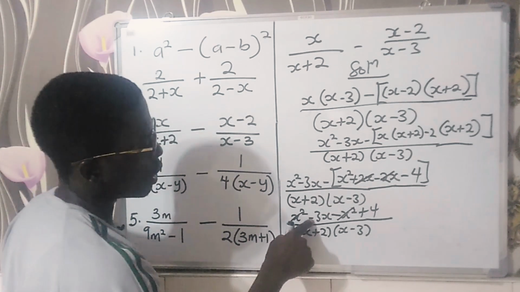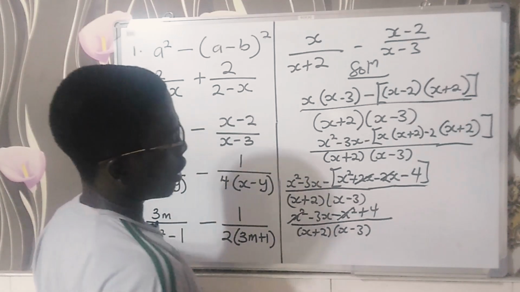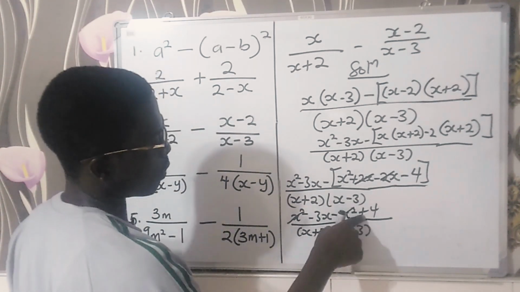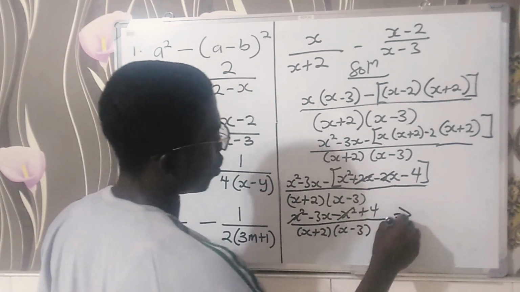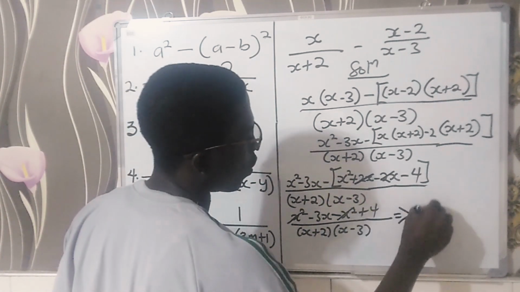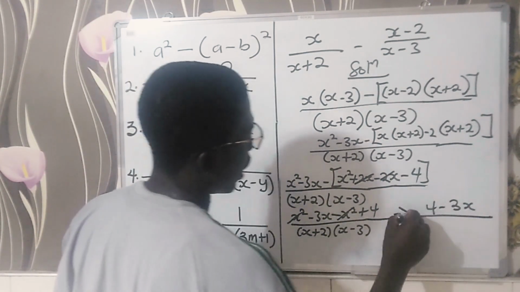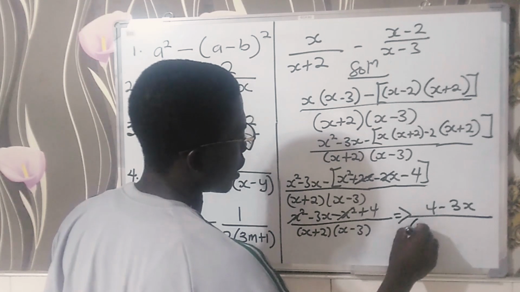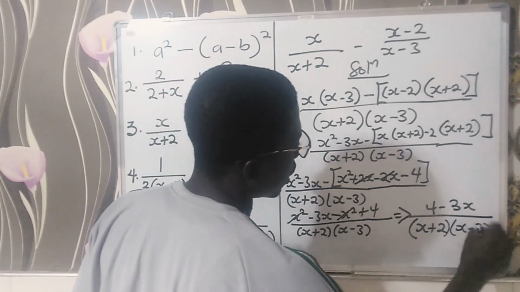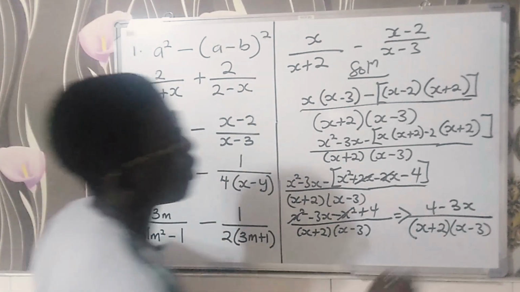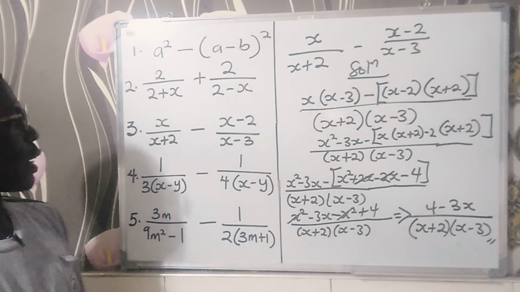We are left with what? Negative 3x plus 4. I hope you are following. So because this is positive, let the 4 come first and let the negative follow. So this will then result to positive 4 minus 3x out of what? The LCM, which is x plus 2 and then x minus 3. And this should be our final answer for question 3.